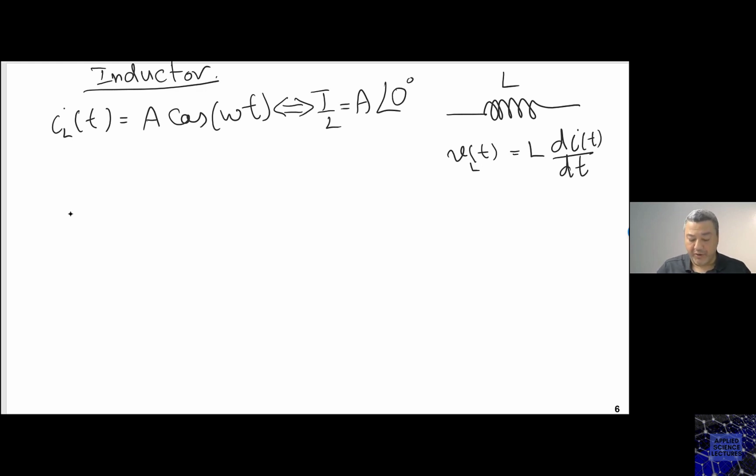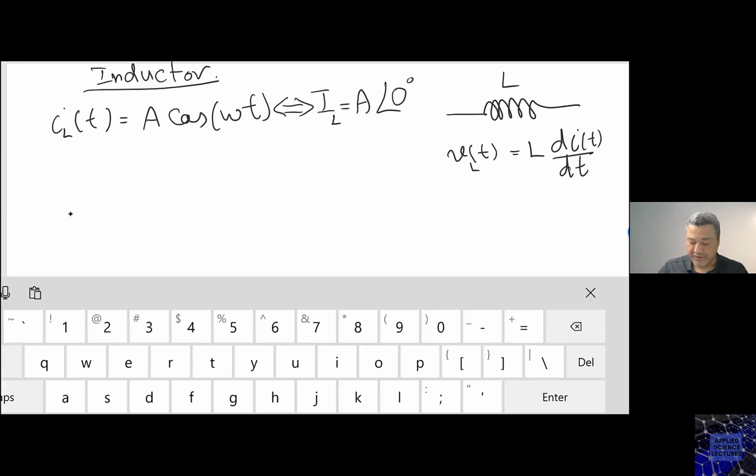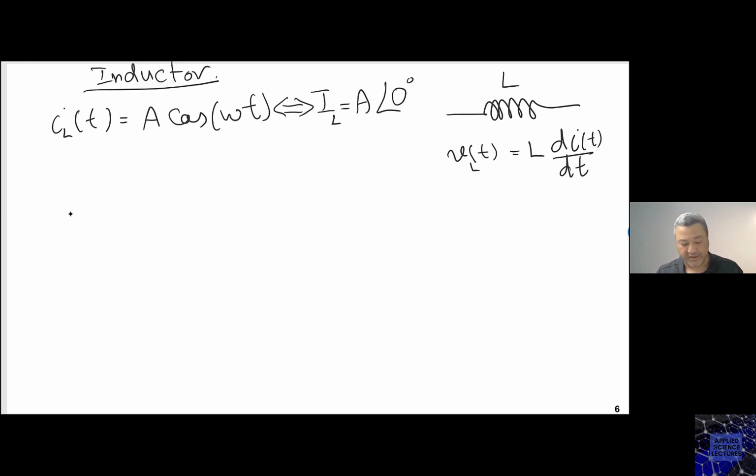We've agreed that any signal in AC steady state is represented by the amplitude and the phase offset, or phase.